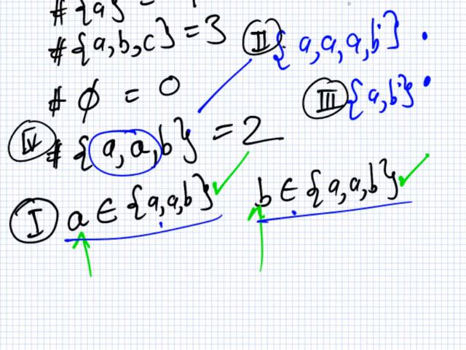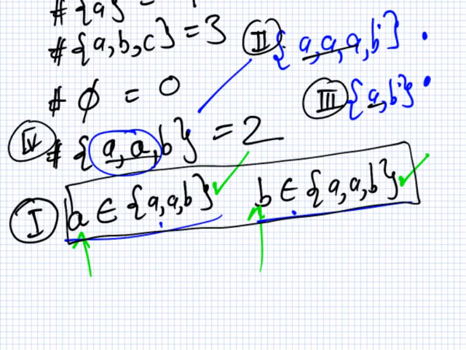They're all the same. So in fact, we don't care if we repeat, as long as we make the same statements about who is in and who is out. So we don't care that they're repeated. Okay.